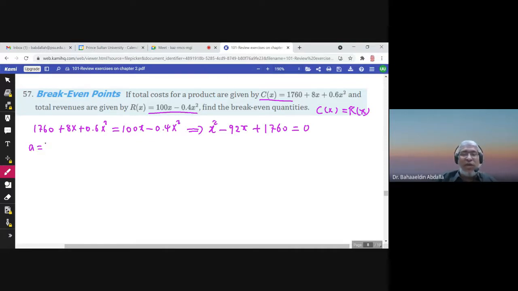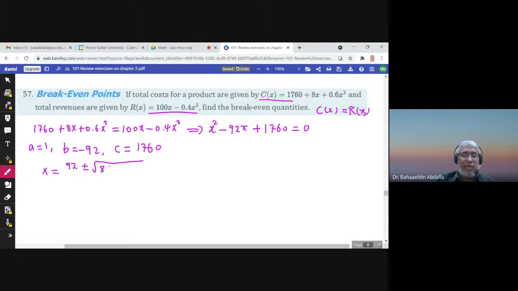If A here is 1, B is negative 92, and this is C. And the quadratic formula says x equals negative b, which is 92, plus or minus square root of b squared. Well, b squared is negative 92 squared, which is a large number.